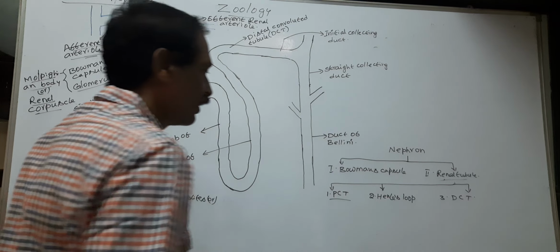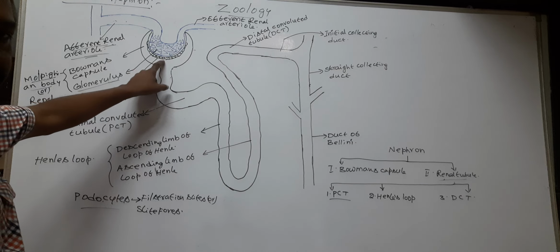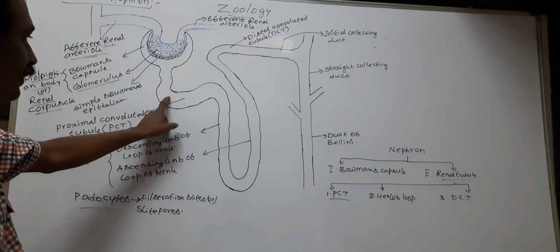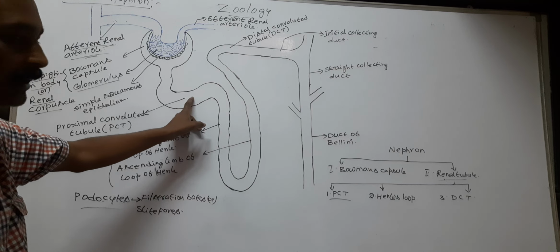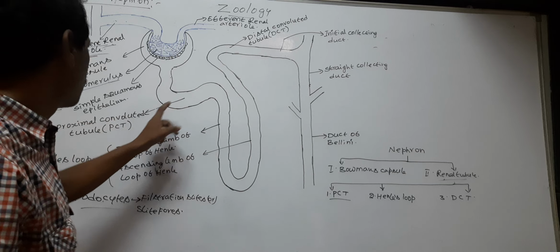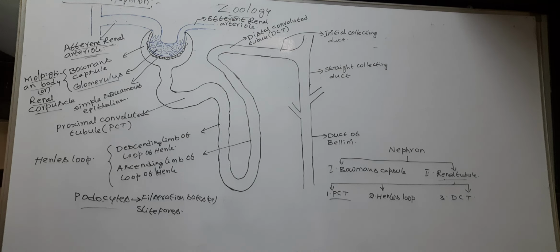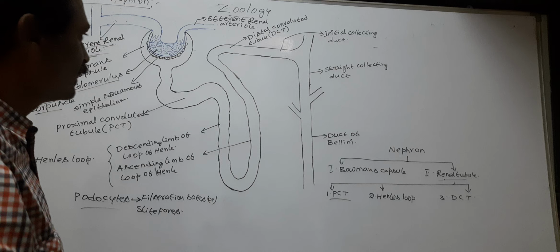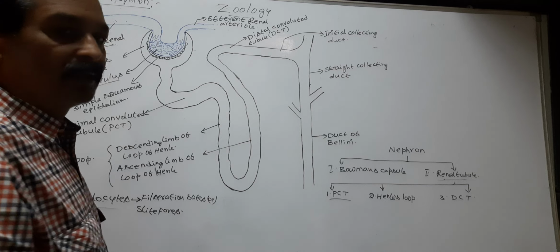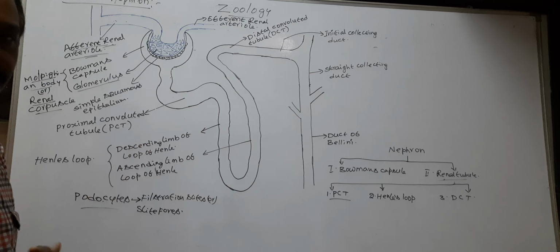First, proximal convoluted tubule. Behind the Bowman's capsule, a long part of the renal tubule is called proximal convoluted tubule or PCT. So, proximal convoluted tubule is the largest part of the renal tubule.